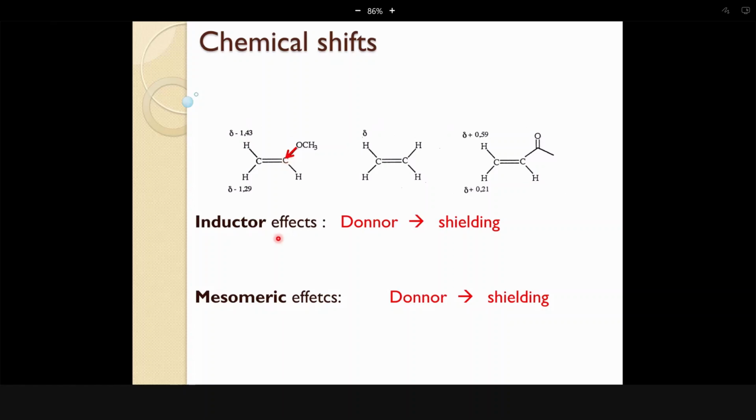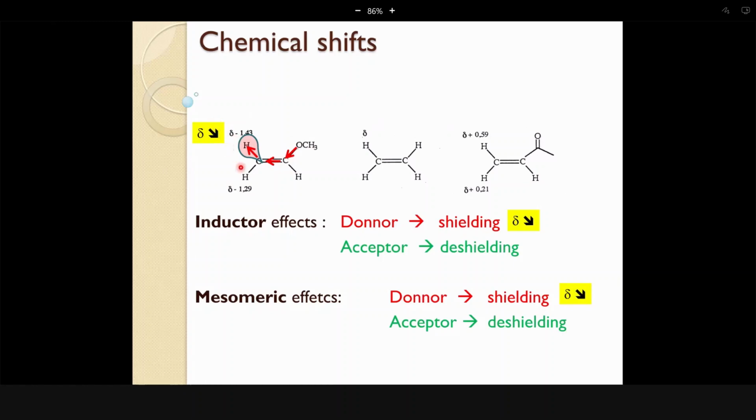But you have also a mesomeric effect due to the doublet of electrons on the oxygen. So we have a strong donor effect of this group to the structure, but to the atom, and also, of course, to the 2 protons here on the structure. So we have a higher density of electrons around the protons here.